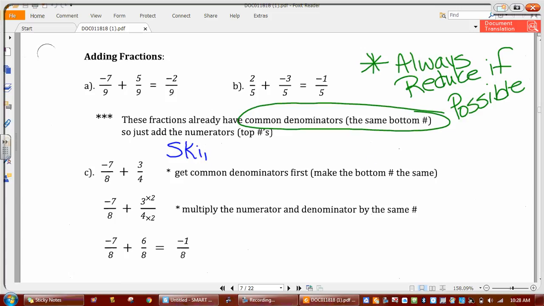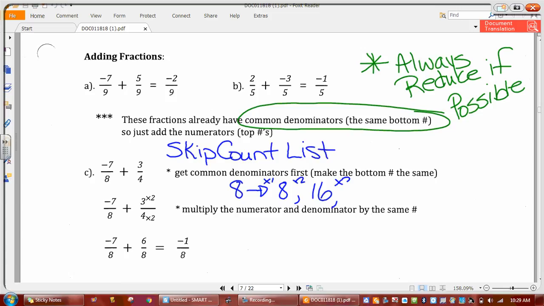Okay, skip count lists help you find the same bottom numbers. So what you would do is take each number and times it by 1, by 2, by 3, by 4, and make a list. So if I start with my number 8, I would times it by 1 and I get 8. I'd times it by 2 and I would get 16. I'd times it by 3, and I'm going to get 24 and so on. Then I do the same thing for the digit 4.